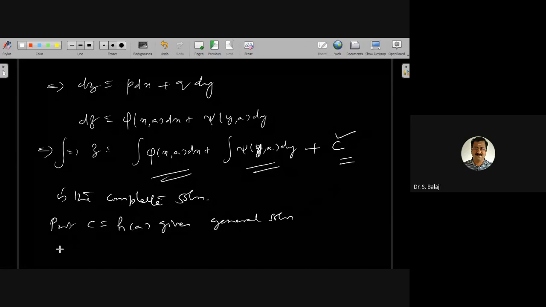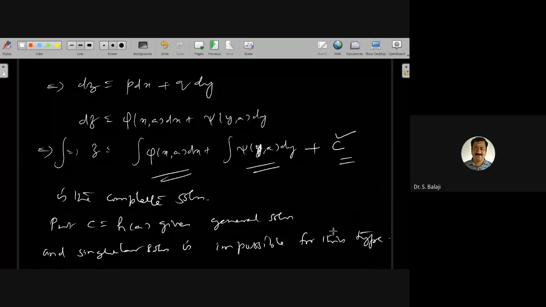Therefore, like the previous method, a singular solution is impossible for this type. Here c is separate. Differentiating partially with respect to c, you get 0 equals 1. Therefore, it is not suitable.